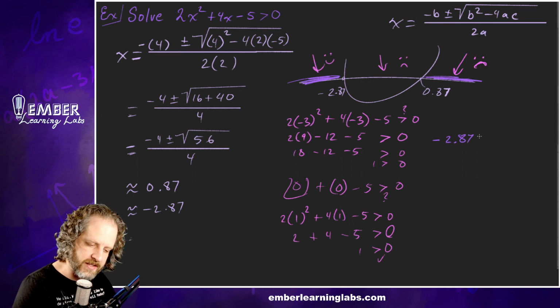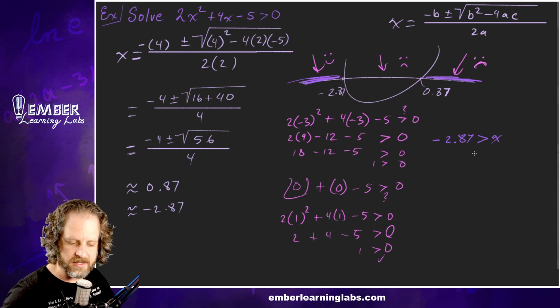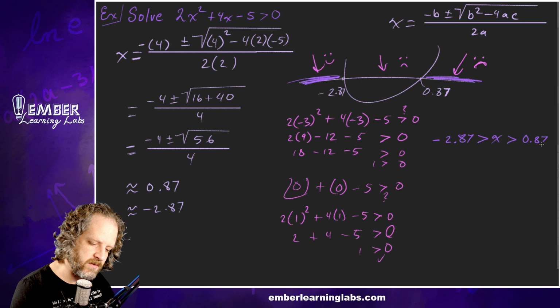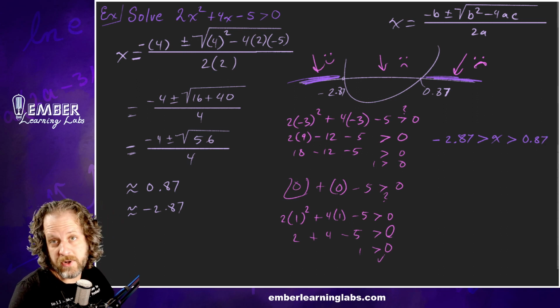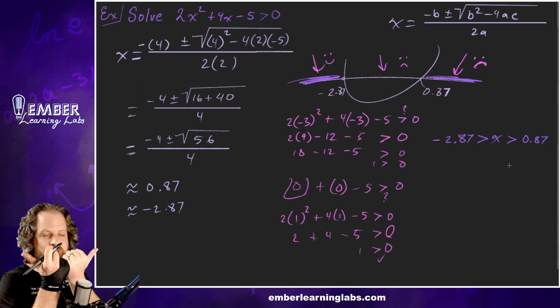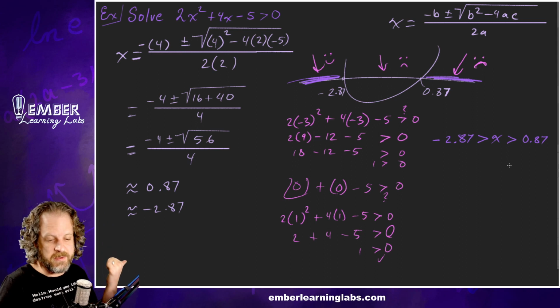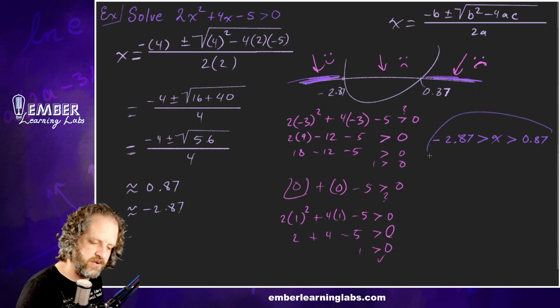So x is less than. Now I know I'm drawing a greater than symbol, but I'm going to put the x over here, right? And then it is greater than that. Now you notice that they're both pointing to the right. If your graph is going this way, out like this, your shaded regions are always going to point to the right, as long as you do it correctly.